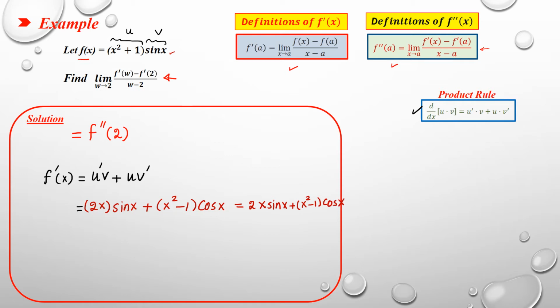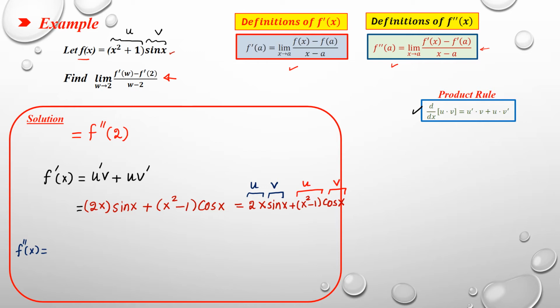Now you have to find the second derivative, and you also have to use the product rule twice. So f double prime of x equals: here we have two functions multiplied with each other, u v, where the second function is x squared minus 1, which is u, multiplied by cosine x, which is v.